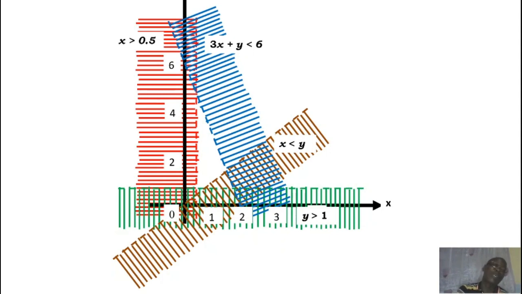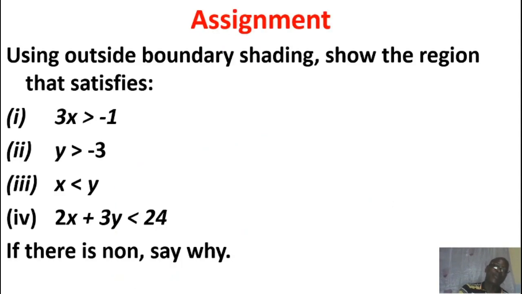That's linear programming continuing. The assignments. Using outside boundary shading, you are to show the region that satisfies all these inequalities at a time. Then, if there is no such region, say why there is none.